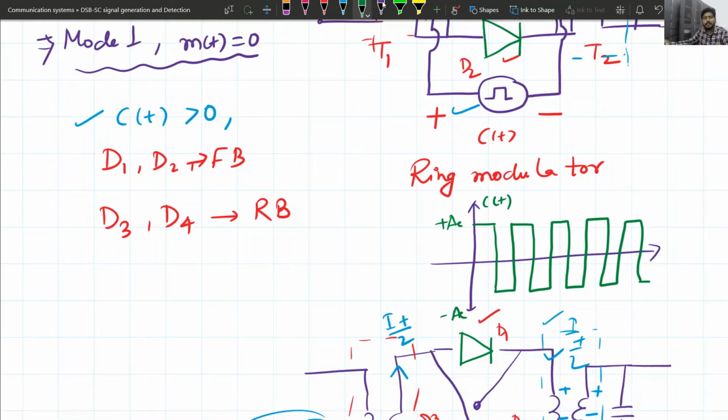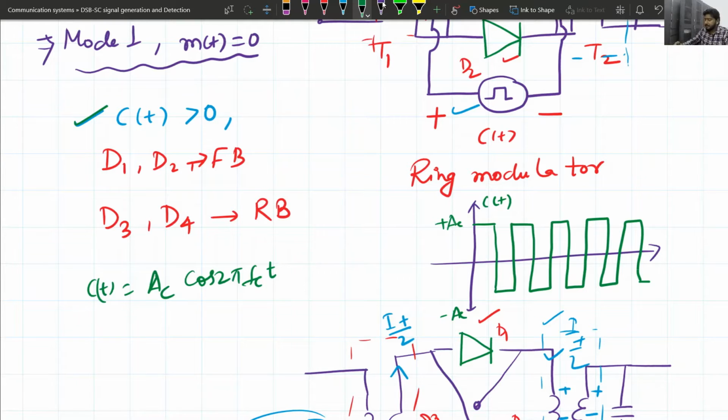Although c(t) is a sinusoid, since we are dealing with the switching characteristic of the diode, we are taking two cases, either c(t) is greater than 0 or less than 0.